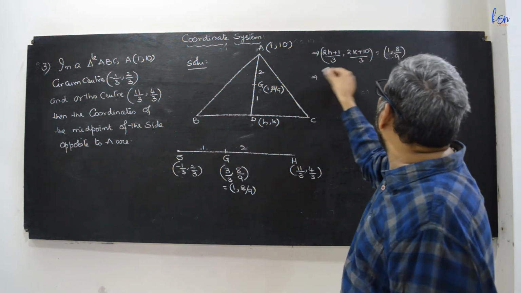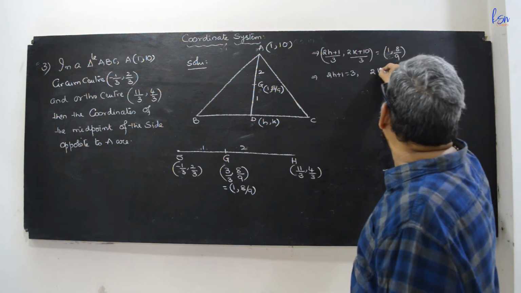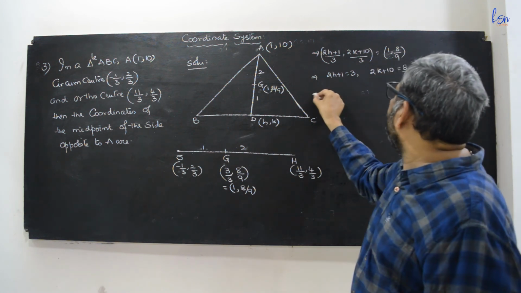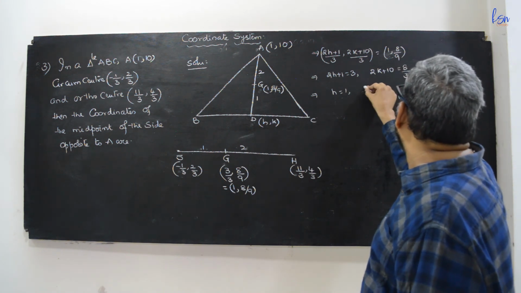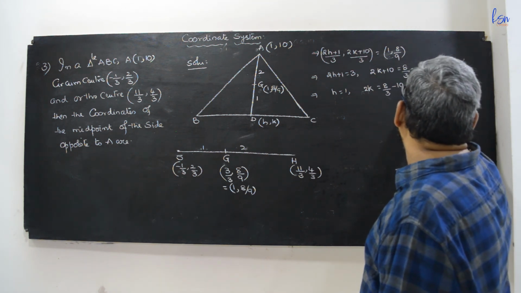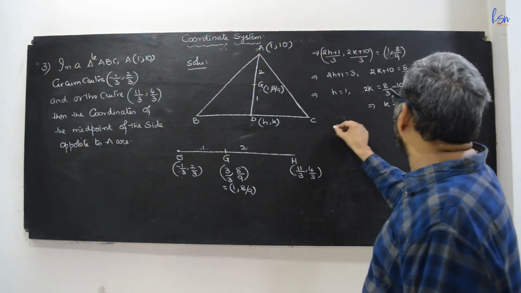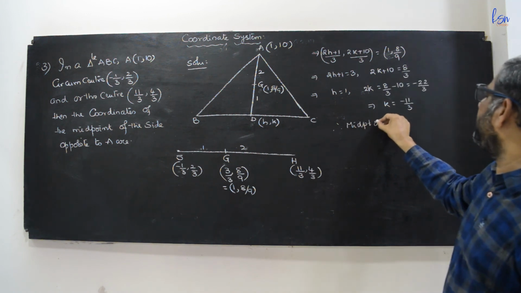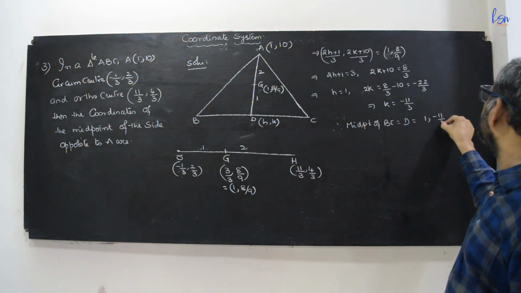And this gives 2H plus 1 is equal to 3, and 2K plus 10 is equal to 8 by 3. Therefore H is equal to 1, and 2K is equal to 8 by 3 minus 10, that is minus 22 by 3. So K is equal to minus 11 by 3. Therefore the midpoint of BC is D is equal to 1 comma minus 11 by 3.